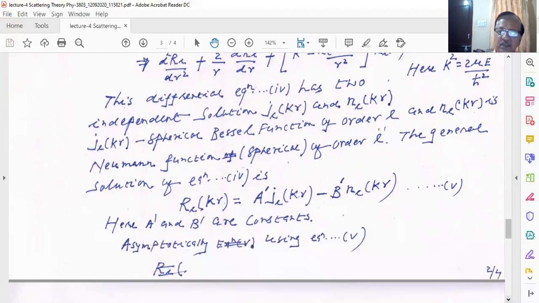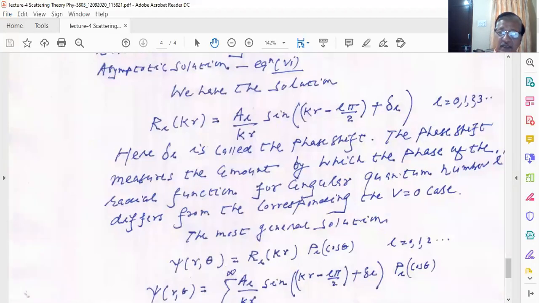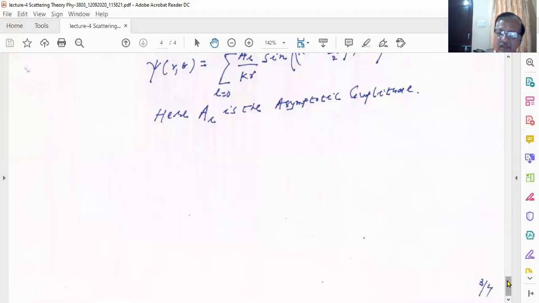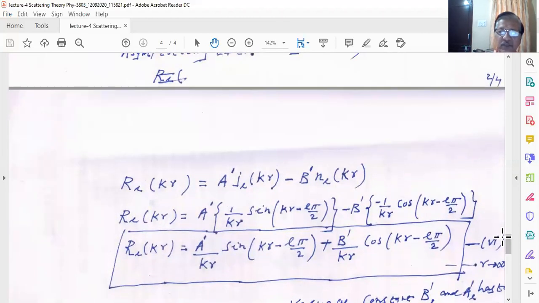And now you see this equation, when you write it at a large distance, that is asymptotically, because there is no potential in this region, as V of r is 0. So you write down JL of KR when r is very large, as we have discussed, and NL of KR when r is very large. This is the general solution.